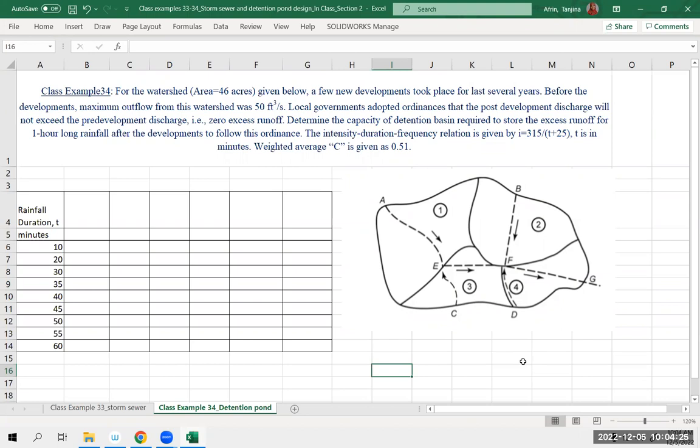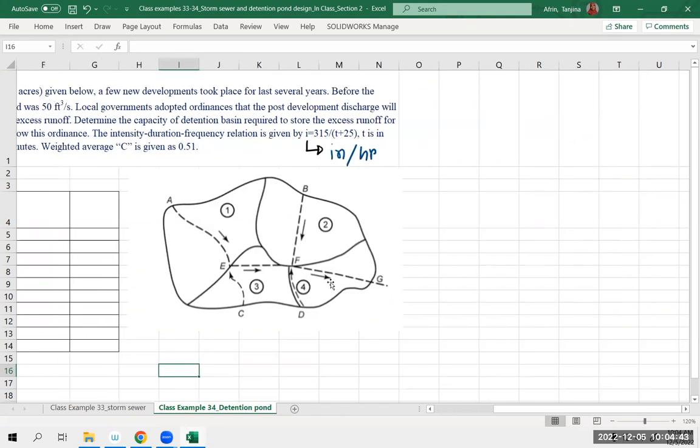Thank you very much. So there is one thing missing here. I didn't give you the final unit of I, that is actually inch per hour. So the unit for I should be inch per hour. Now, this is one area, 46 acres in total, but there were 4 subsections, and for each subsection there were some C values.